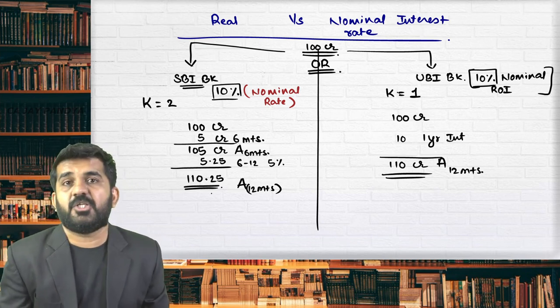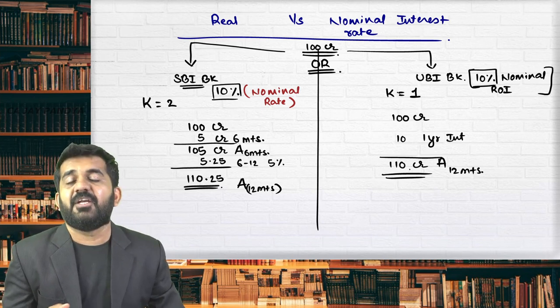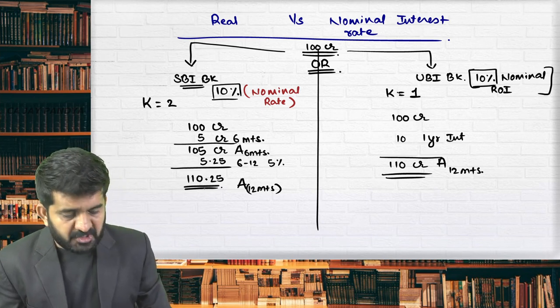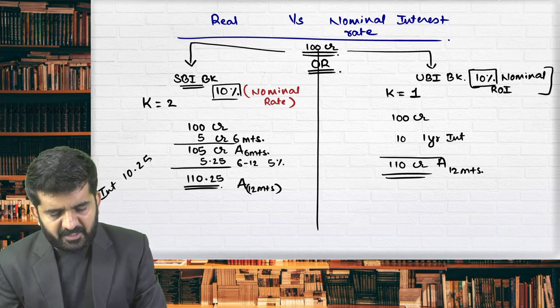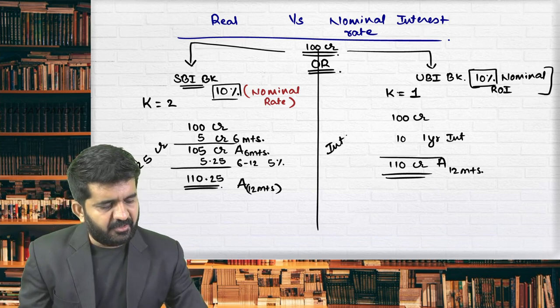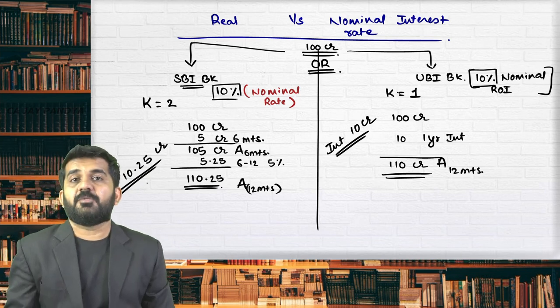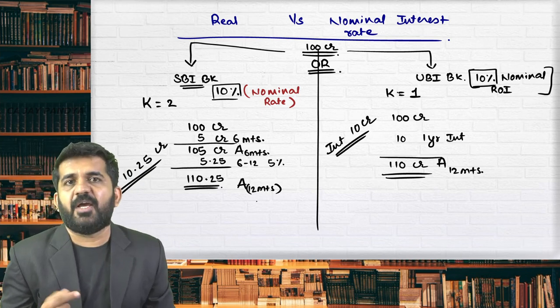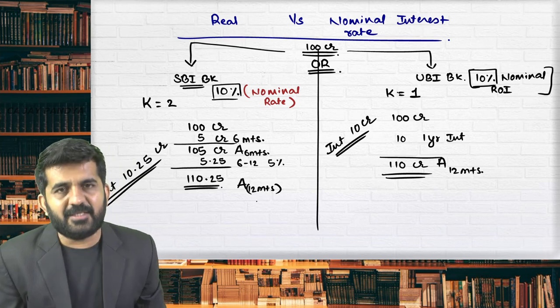Here I am getting interest of 10.25 crore. Here I am getting interest of 10 crore. Which is better? If my investment amount is same, 10.25 crore is better. So my answer is correct, that you should invest in SBI Bank.